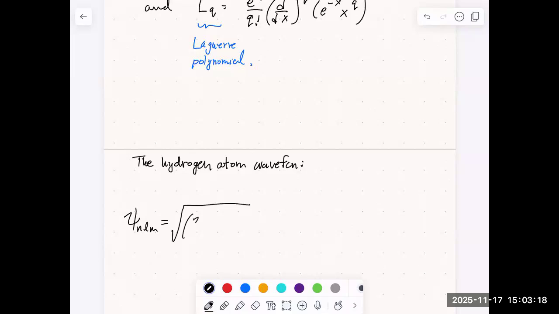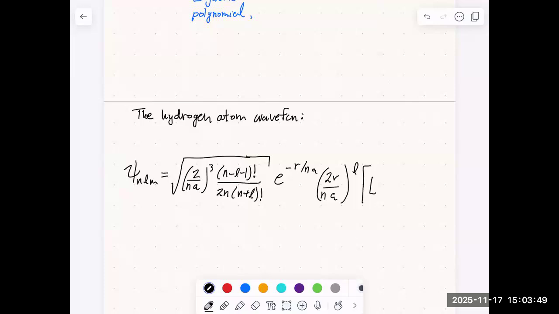So 2 over n a cubed, (n minus l minus 1) factorial, over 2n, e to the minus r over n a, and then it's 2r over n a to the l.